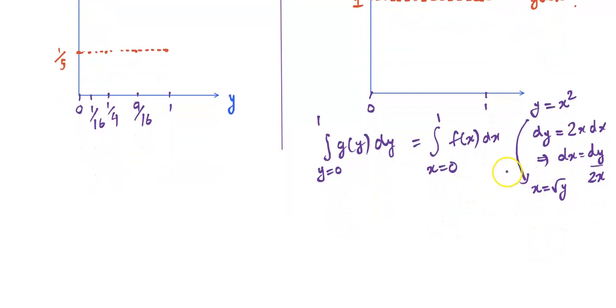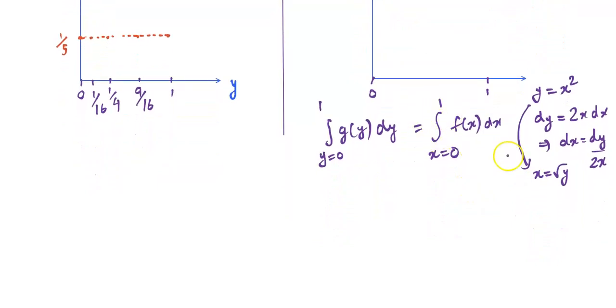Let me just create a little more space. So x is the square root of y, which means if I plug the value of x back here, we get dx equals dy divided by 2 times the square root of y. And let's plug this back in.